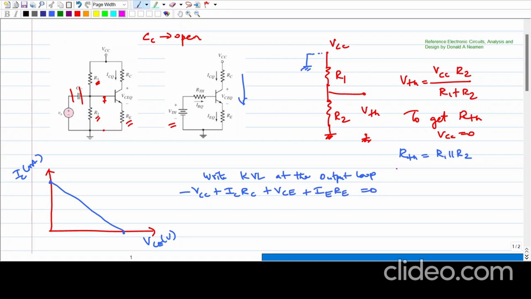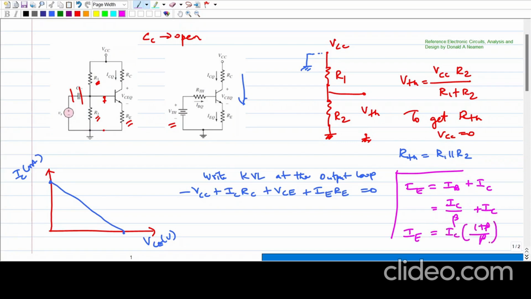So here we know that IE equals IB plus IC. I want to write everything in terms of IC. So I can write IB as IC by beta, plus IC. So IE equals IC multiplied by (1 plus beta) divided by beta.